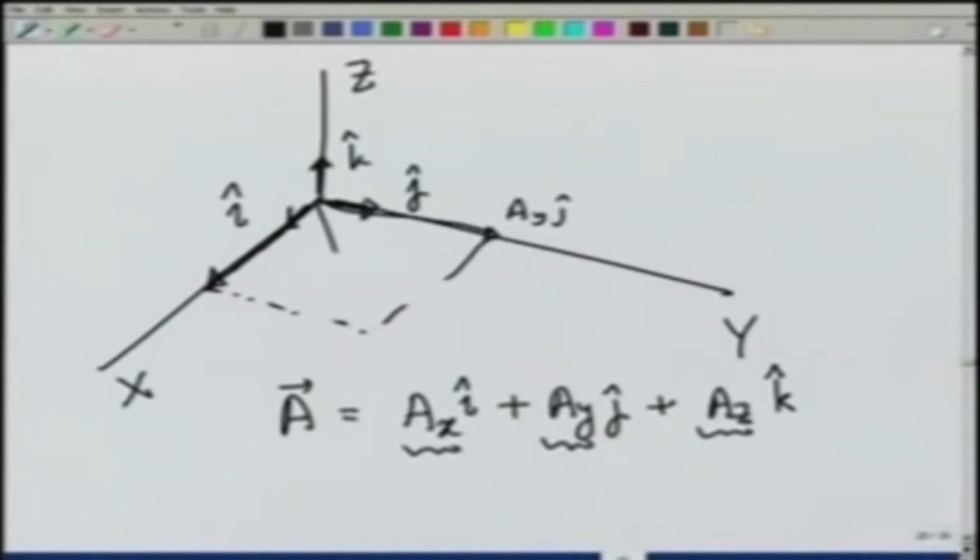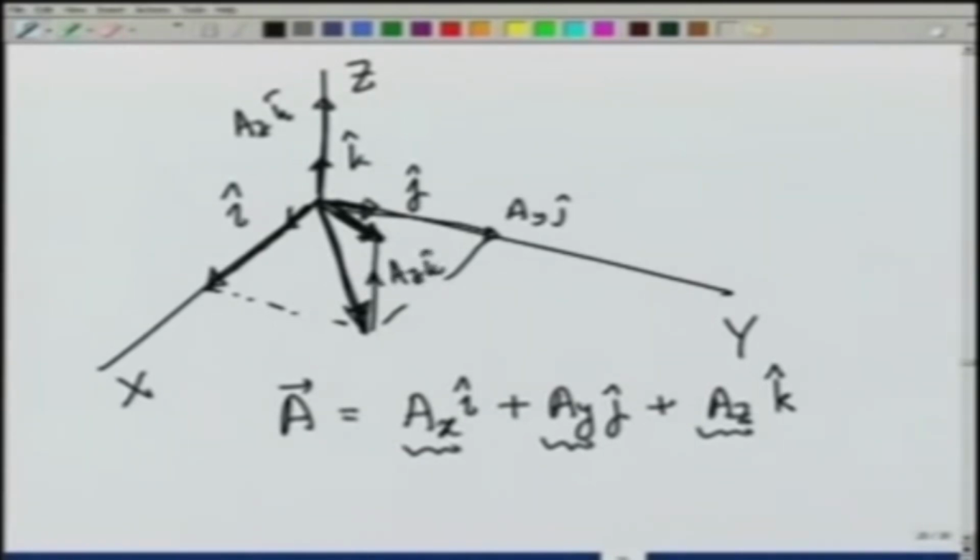This will give me a x i plus a y j, and on top of it we will add a z k. I move it here parallelly. So, the net vector A would be something like this. This is a z k.